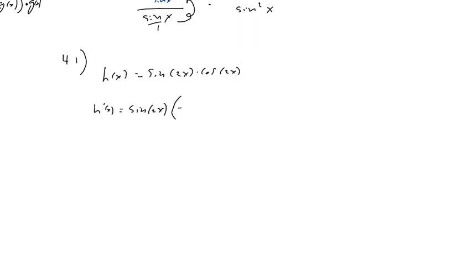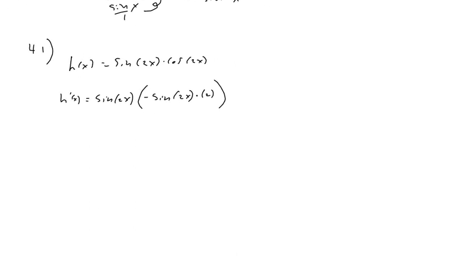Negative sine 2x, that's the derivative of the outside, times the derivative of the inside, which is 2x, and the derivative of 2x is 2. So derivative of the outside times derivative of the inside.